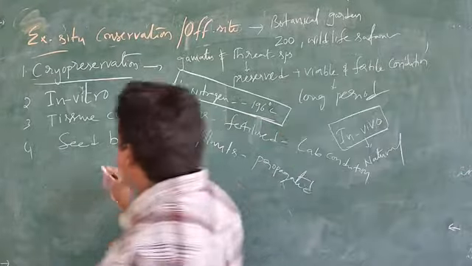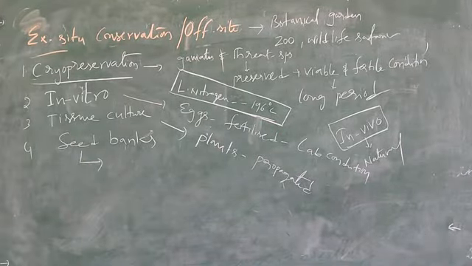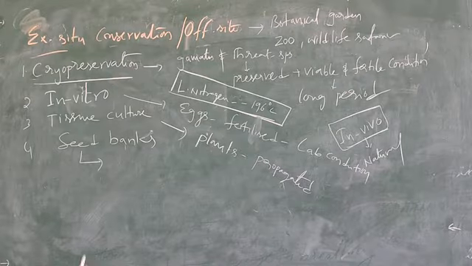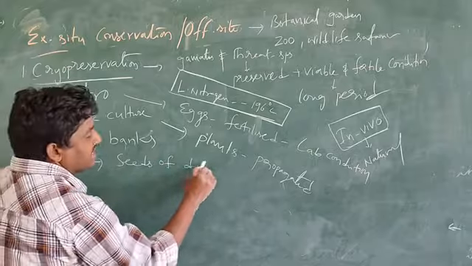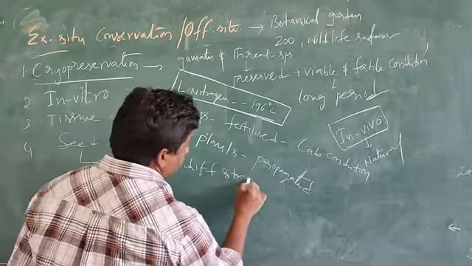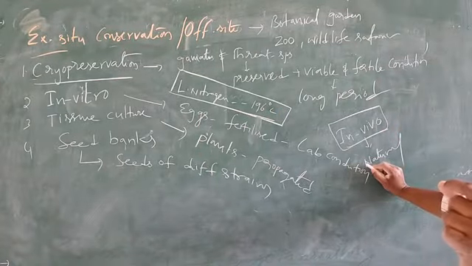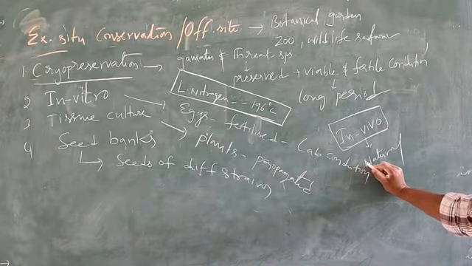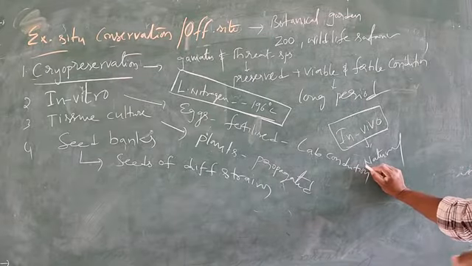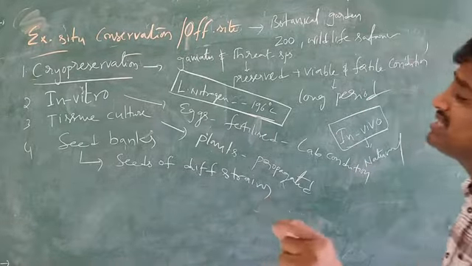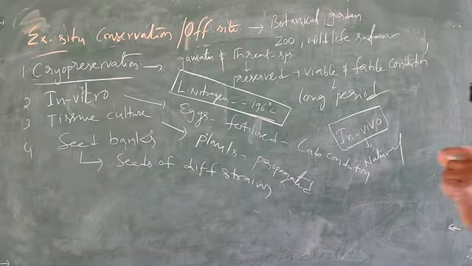Next, seed banks. What is meant by seed banks? Seed banks means the seeds of different strains of commercially important plant species that can be kept for a long period.